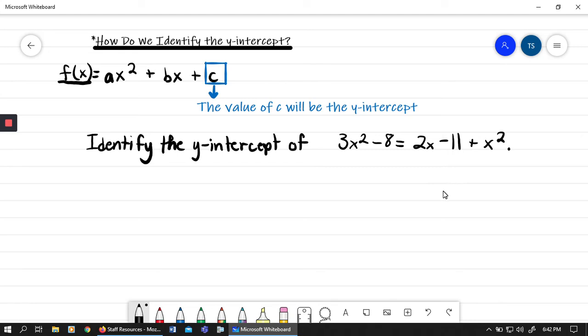So we need to get this particular equation set equal to 0, and then make sure that the terms are written in the right order.